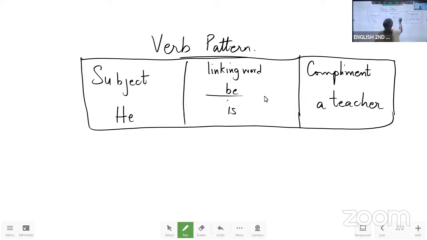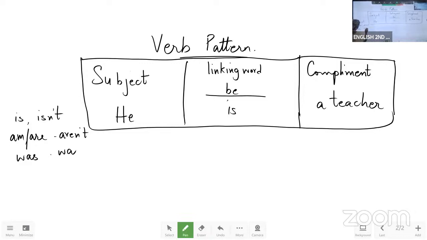Now, when be is given, as I've already explained to you: is, isn't, am, are, was, wasn't, were, weren't. See, how many linking words are there?